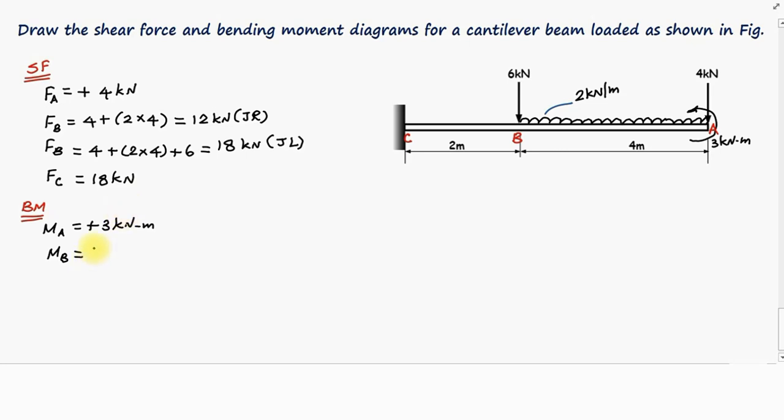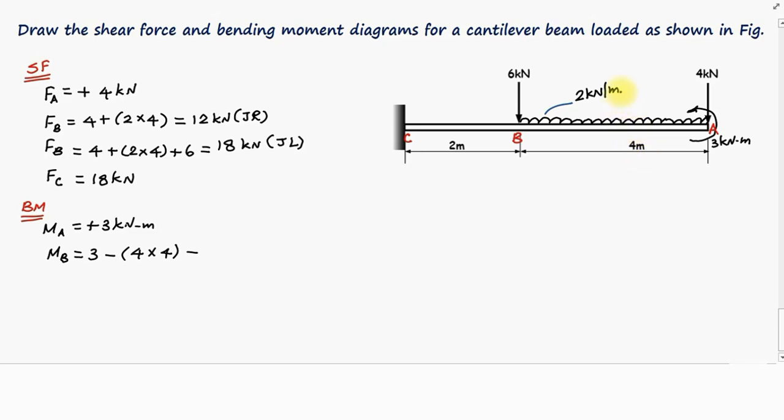Therefore, this 3 kilonewton meter, negative 4 kilonewton multiplied with the perpendicular distance of 4 meters. Then this uniformly distributed load is acting for a distance of 4 meters.